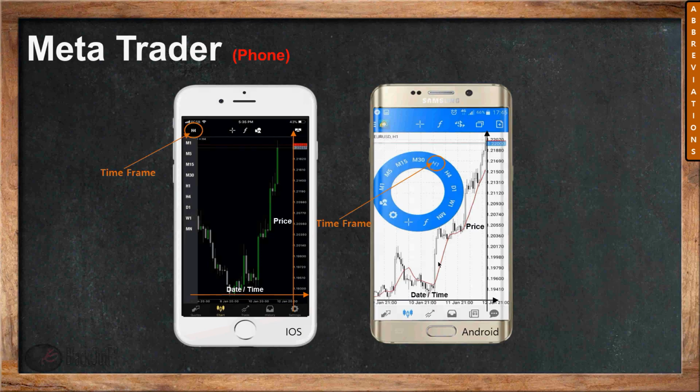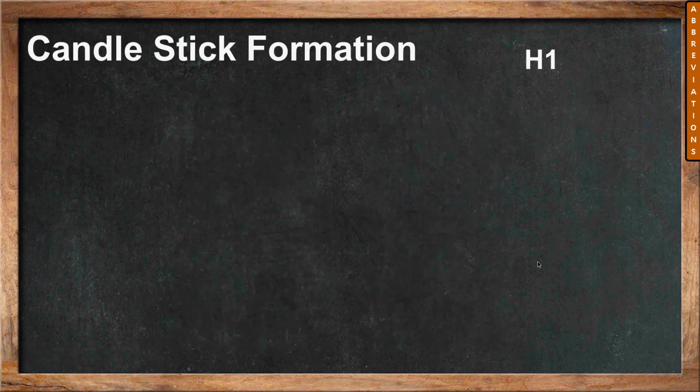But what's important here is that you make sure you know what time frame you're looking at and how long the candle is being formed, because that's the most important part of being a BBMA trader.